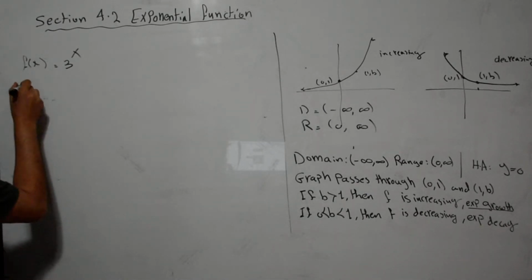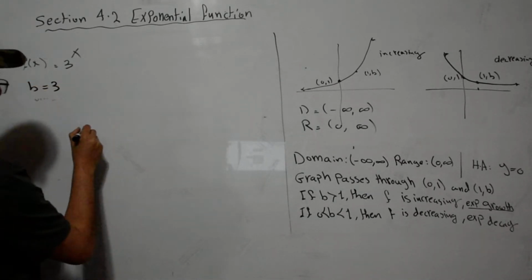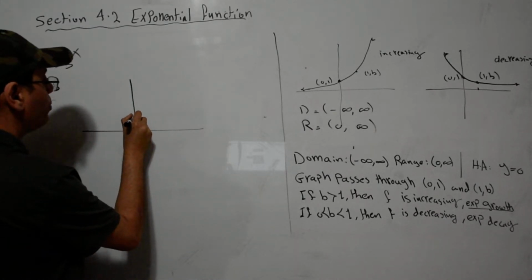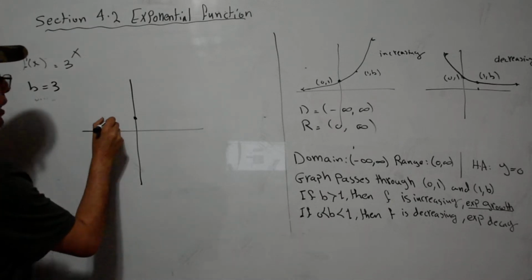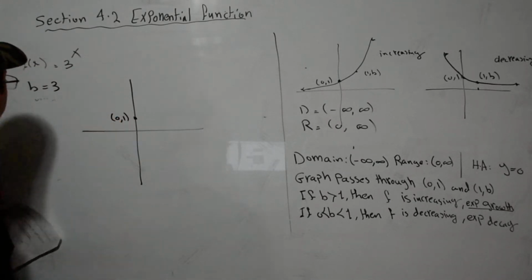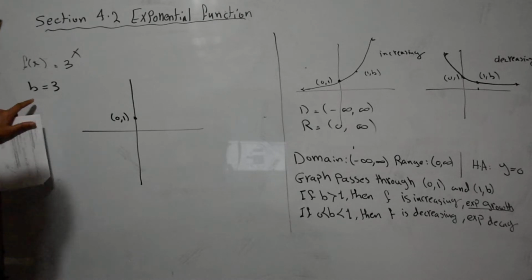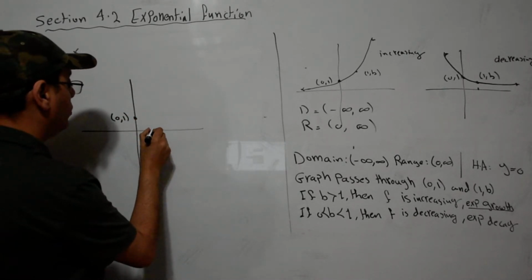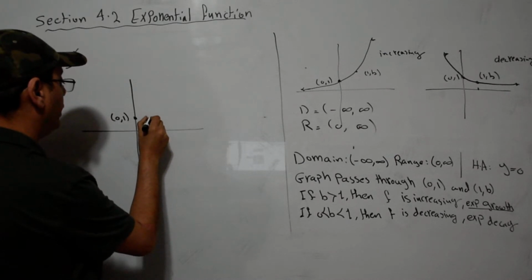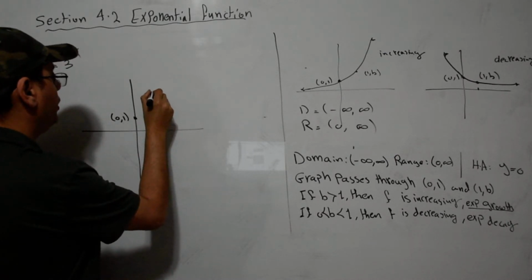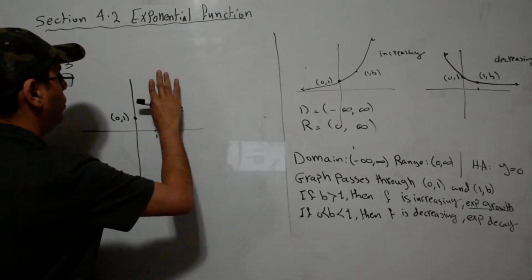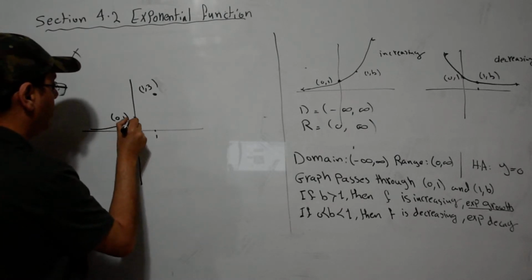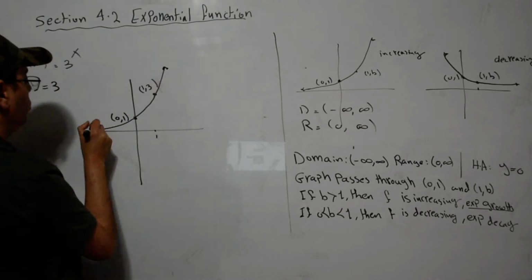Here b is 3. I know that any exponential function must pass through (0, 1), and with b equal to 3, it must also pass through (1, 3). So here is 1, 2, 3. There is (1, 3), and the exponential function must go this way.